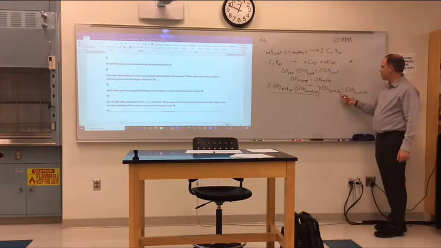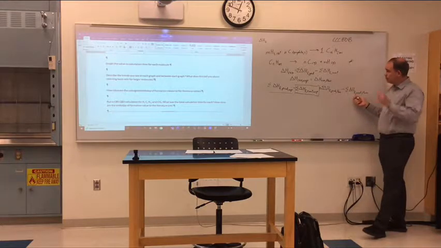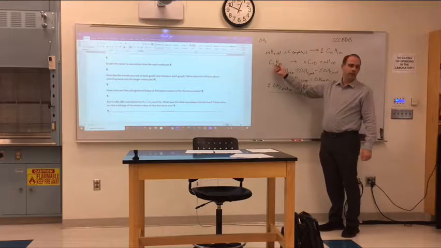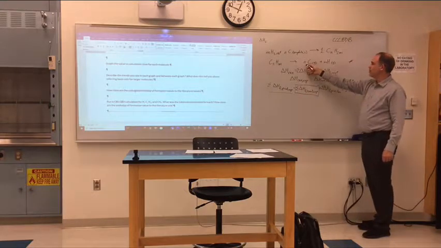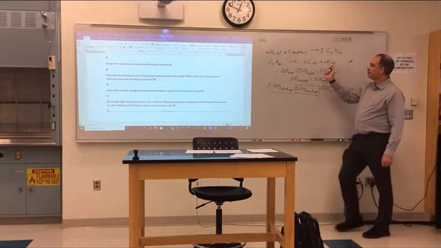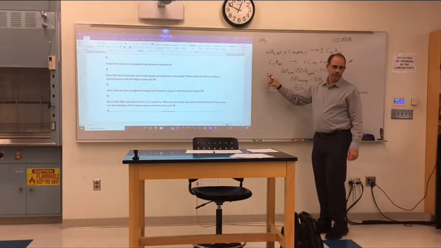Okay, so that would be this one, and then this is the enthalpy that you calculated for this value. That should also be in the table. So you're going to take the sum of the calculated values for the carbon plus the hydrogen, subtract off the calculated value for the molecule that you're interested in. Okay.